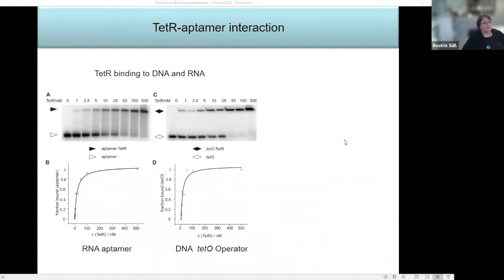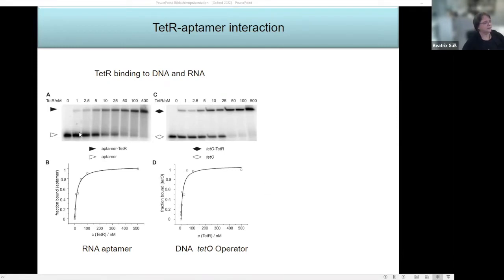Then we were interested in how this TET-R RNA, TET-R DNA interface looks like. To our surprise, the binding of the TET-R protein to the RNA was as efficient as to the DNA. On the left side is the RNA binding, on the right side DNA binding, and the KD was nearly the same.